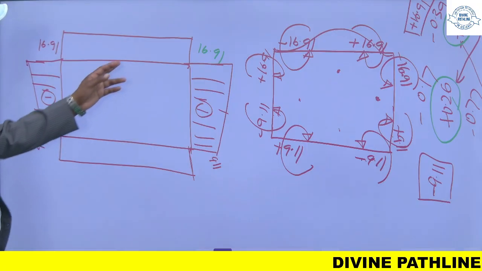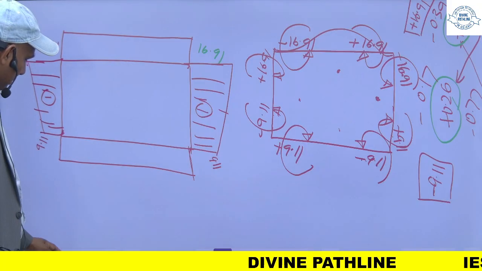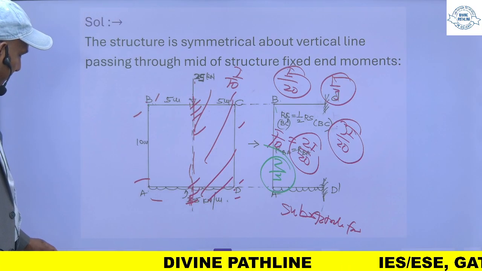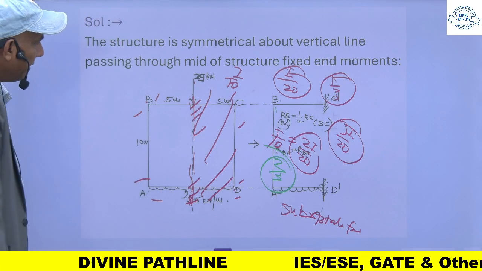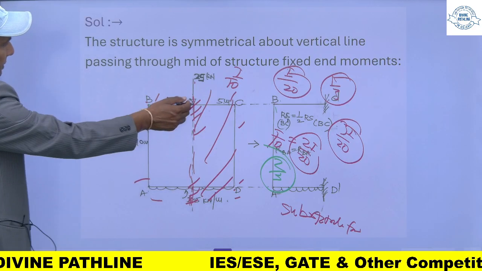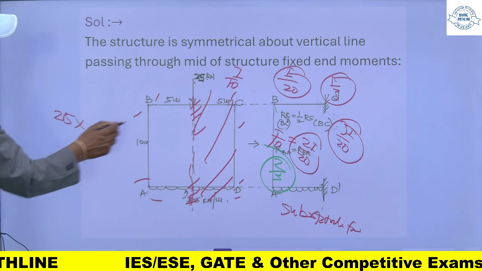At this point there is a point load of 25 kilonewton. So the bending moment because of this will be 25 into L by 4.